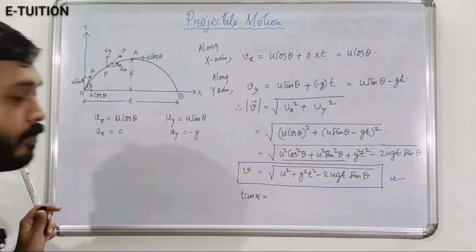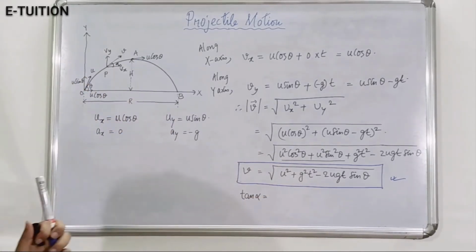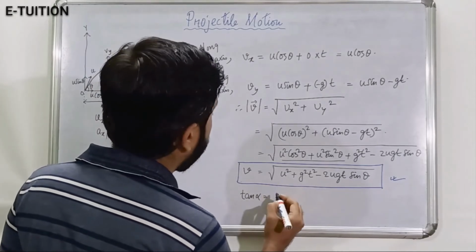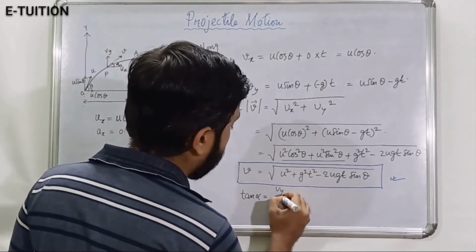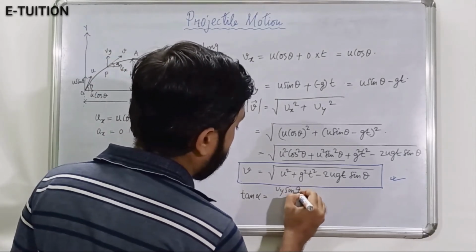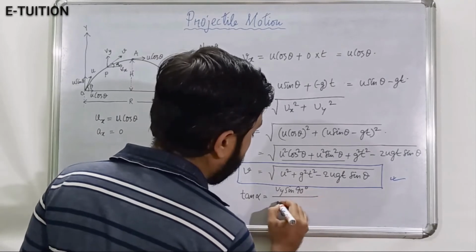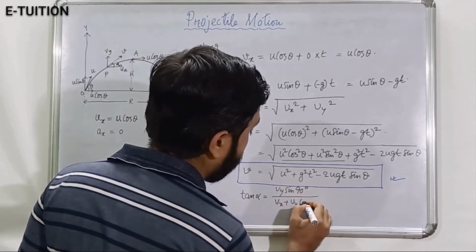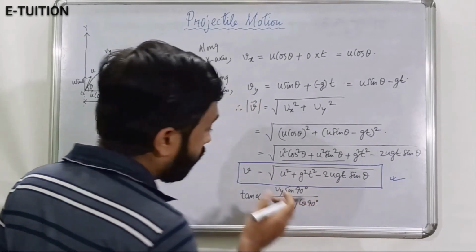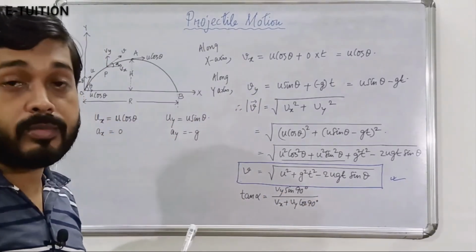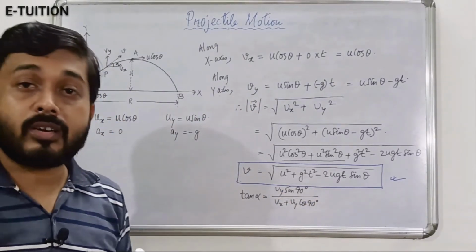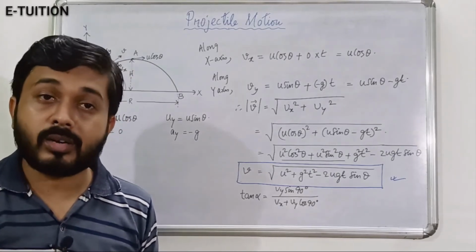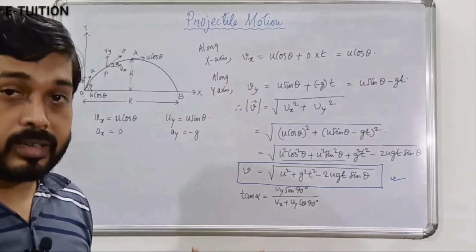Tangent of alpha is equal to Vy sin 90 by Vx plus Vy cos 90, isn't it? Because that is the formula for finding the angle of inclination of the resultant vector with any of the components. That's what you did earlier already in this chapter.